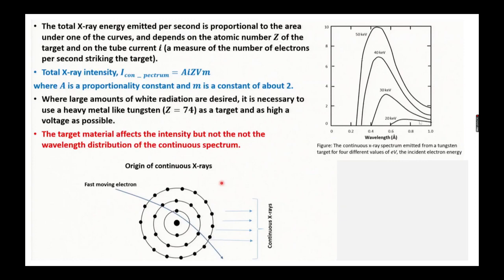But the wavelength distribution across different voltages will not be affected by the target material. The intensity is affected by the target material. That is what the question is trying to say. So the answer is A.